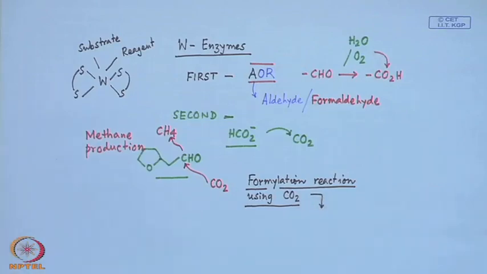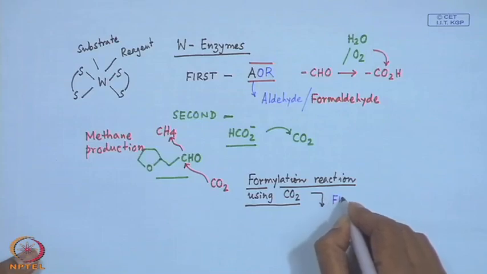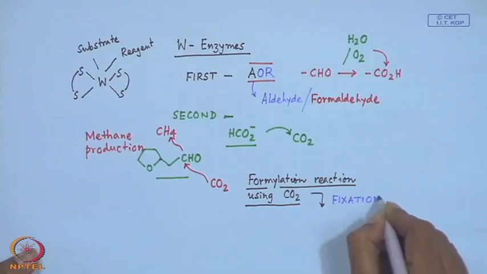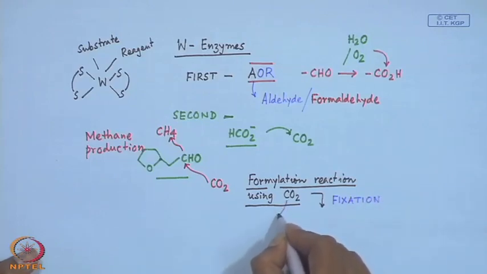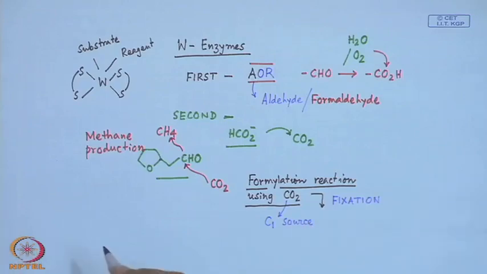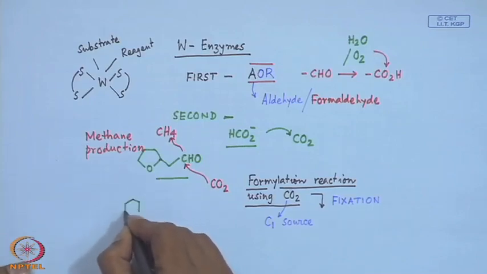If we can fix that particular carbon dioxide in some useful organic transformation reaction, we call it fixation of CO2, and this CO2 is our very useful one carbon source for organic transformation. This one carbon source is basically utilized for the formylation reaction, which is a very useful reaction for the transformation of different types of molecules.